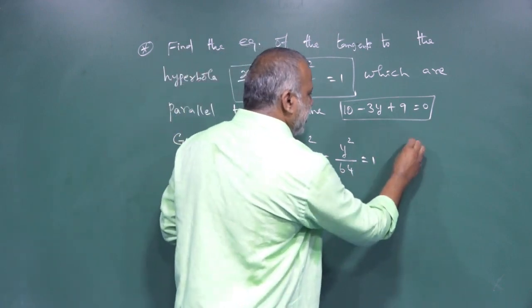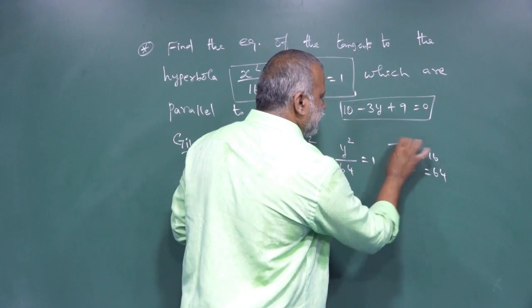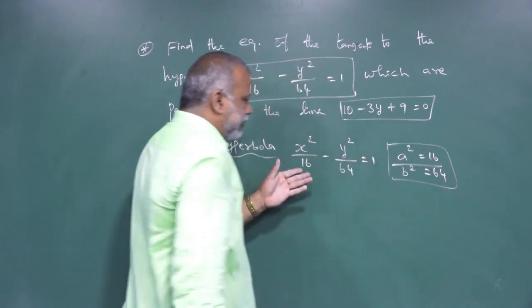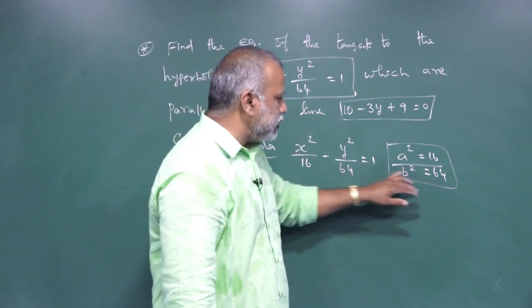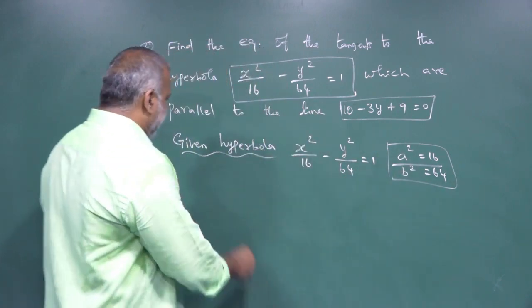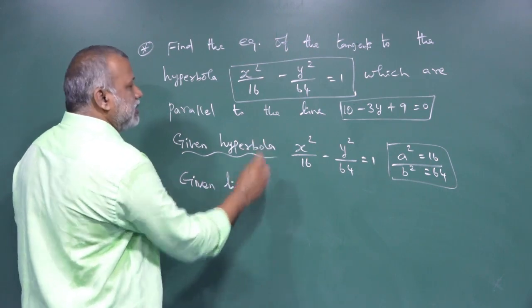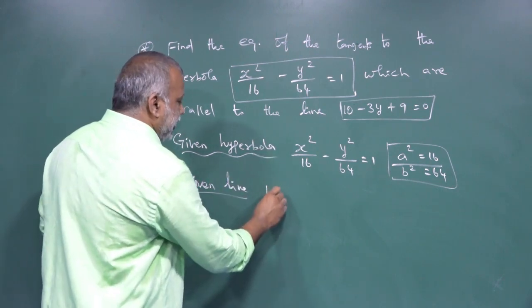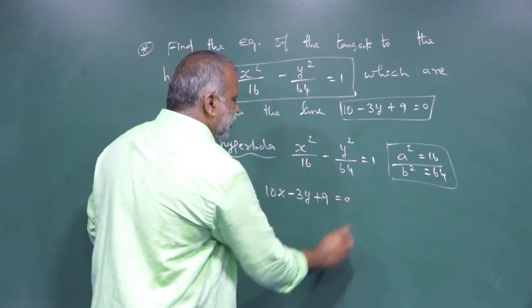From this, a squared equal to 16, b squared equal to 64, from the standard equation of the hyperbola. Now what is the given line? 10x minus 3y plus 9 equal to 0.